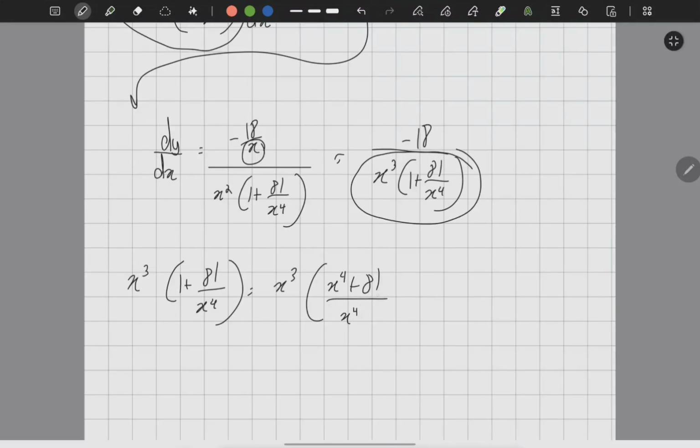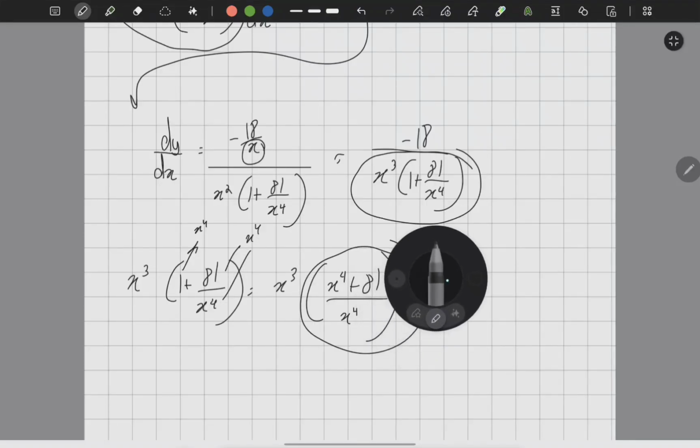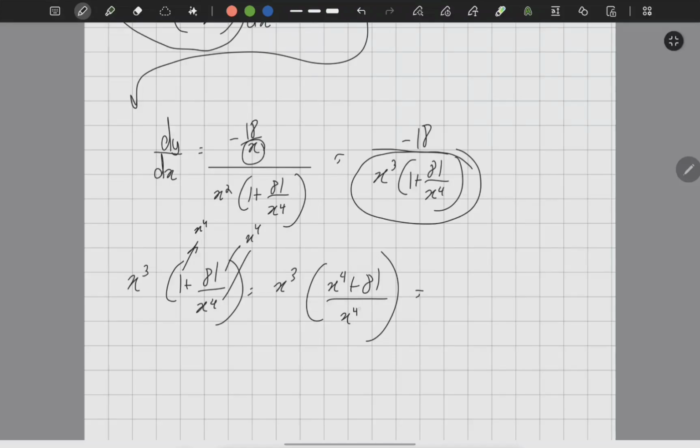All I've done is make the denominator alike, multiplying top and bottom by x to the 4. Now we can cancel out the x to the 4 and x cubed, so we just have x to the 4 plus 81 over x.